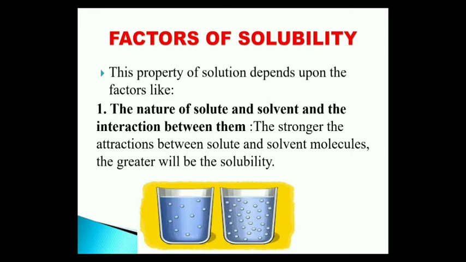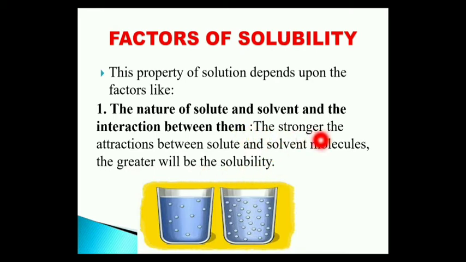Now let us look into some of the factors that affect solubility. The first factor that affects solubility is the nature of solute and solvent and the interaction between them. The stronger the attractions between solute and solvent, the greater the solubility. That is, if the force of attraction between the solute and solvent molecules is strong enough, then the solubility of the solution will increase.